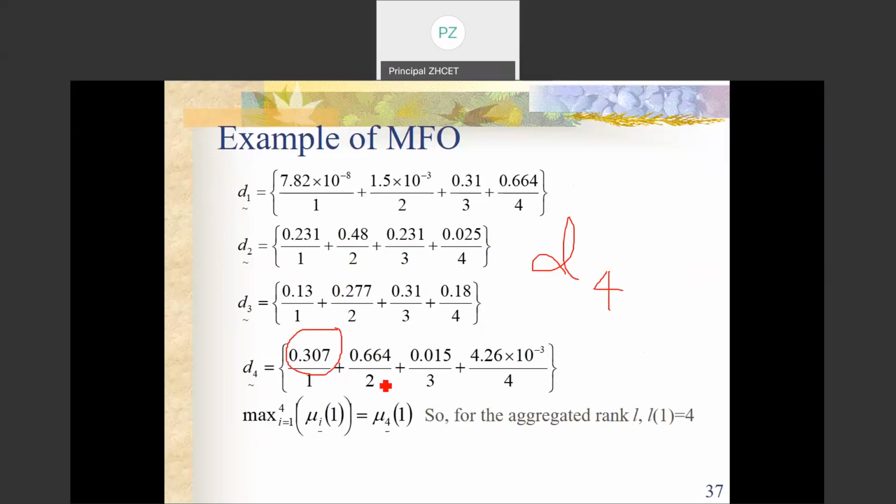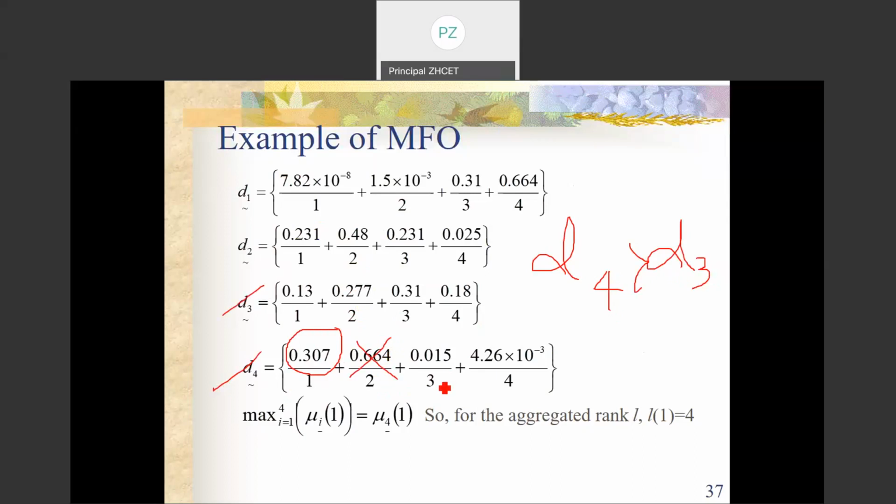After that, we come to position 2. Now at position 2, again D4 has the highest value, but since D4 has already been given position 1, it should go out of contention. So amongst the remaining ones, D3 has the highest value. So D3 is taken care of. So D4 is taken care of, and D3.